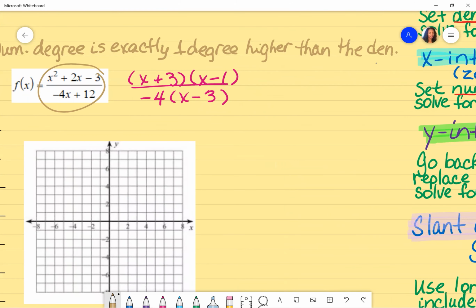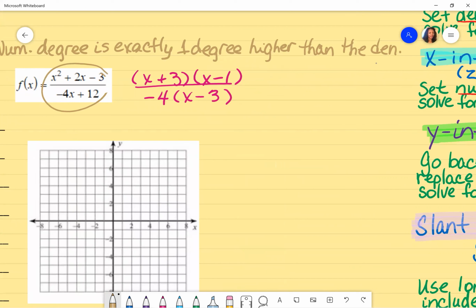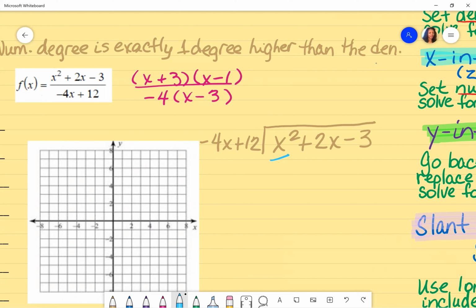Fraction means divide. So you take what's in your numerator and put x squared plus 2x minus 3 on the inside, and it's divided by -4x plus 12. You take your first term of your dividend and divide it by the first term of your divisor, and that's how you get started. So I'm going to have x squared divided by -4x, which is -1/4x.